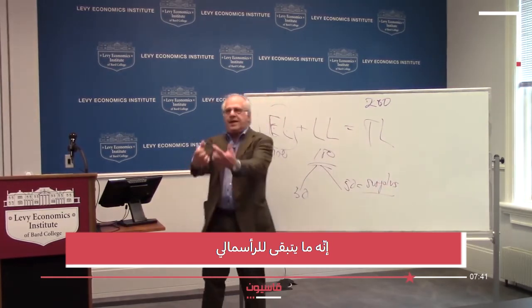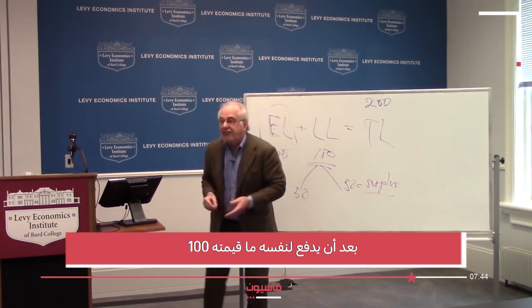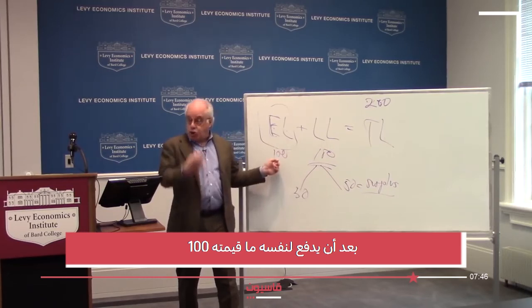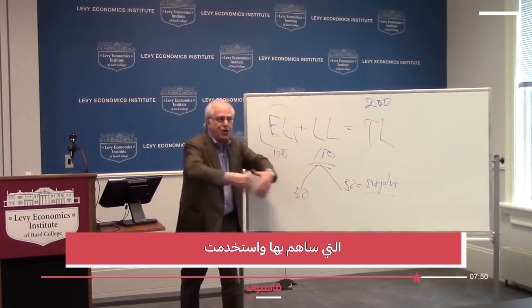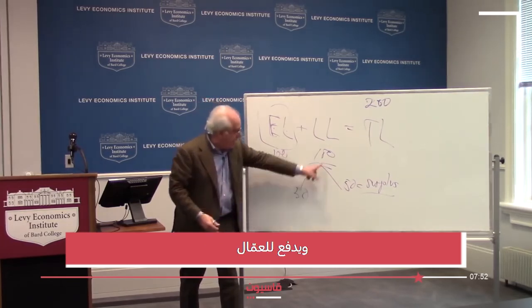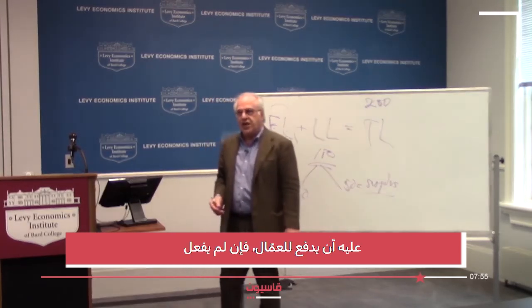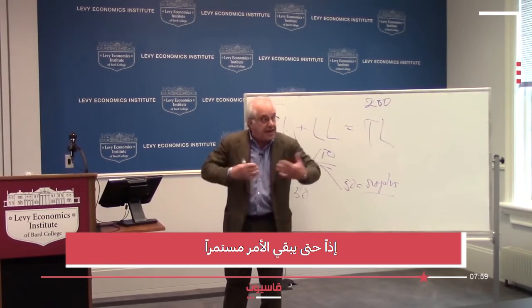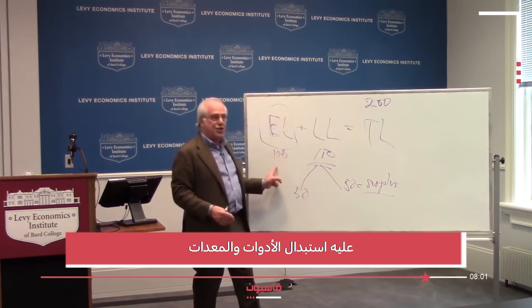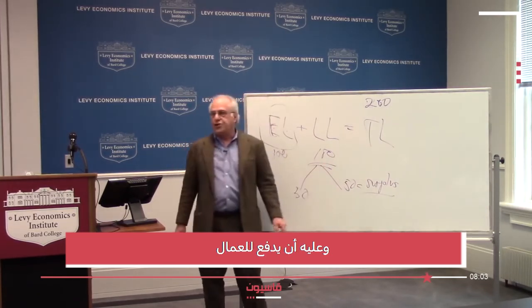It's what the capitalist has left over after he pays out to himself the 100 worth of tools, equipment, and raw materials he contributed that got used up, and he pays the workers. He's got to pay the workers, because if he doesn't, they won't show up anymore, and the game is over. So to keep it going, he has to replace the tools and equipment, and he has to pay the workers.